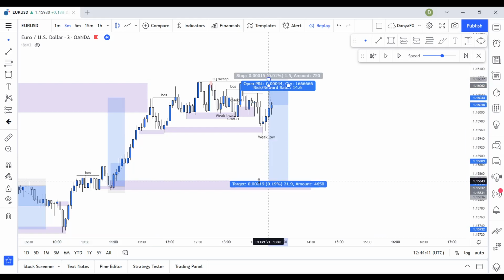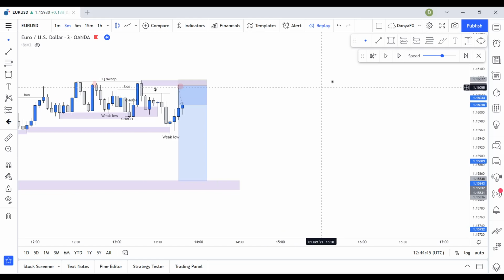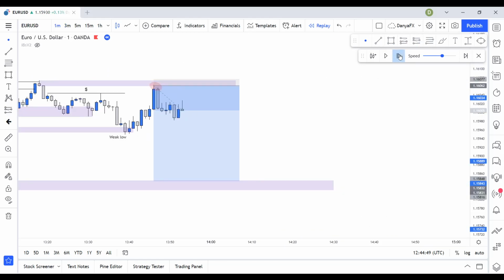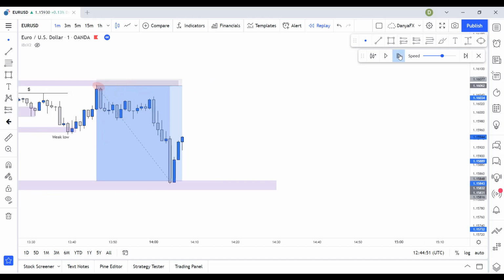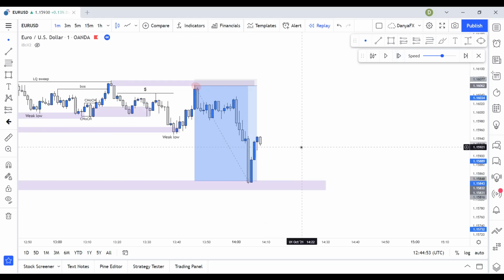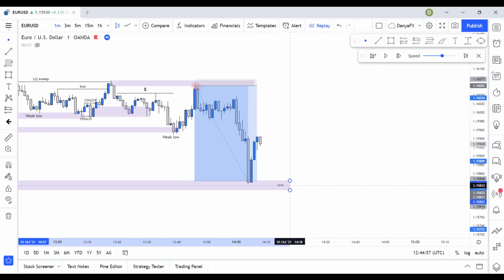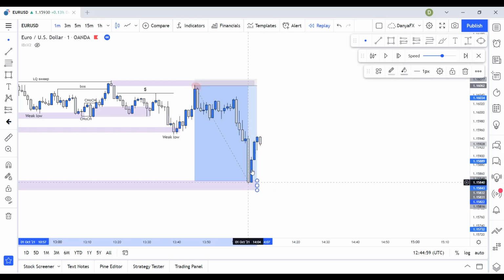So we put our target here. Let's get to 1 minute or so, and then let's see what the price does. And as you can see, it comes to this zone right here and then bounces back up.